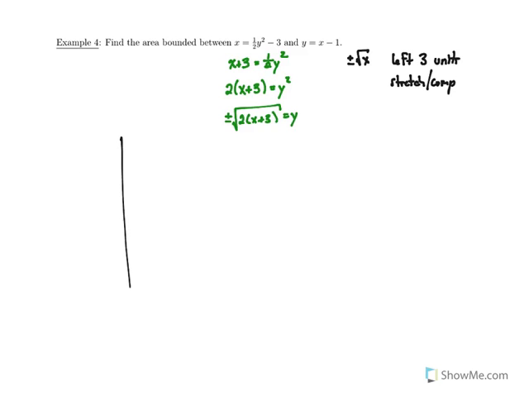So let's redraw these axes real quick. We're going to start by going to the left 3 units, and we're going to draw positive and negative square root from there. So here is positive square root of 2 times x plus 3.